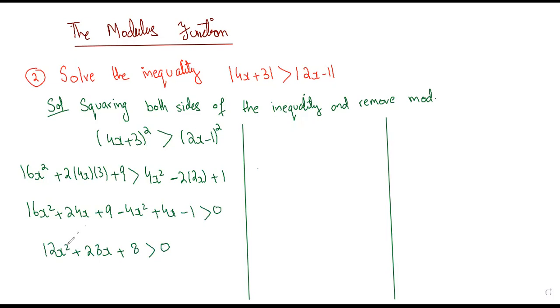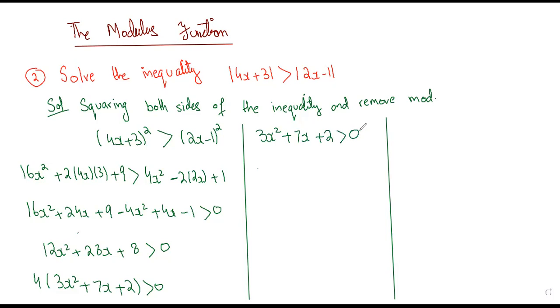So when I take 4 common, I would be left with 3x squared plus 7x plus 2 greater than 0. And finally, my quadratic inequality is going to be 3x squared plus 7x plus 2 is greater than 0.